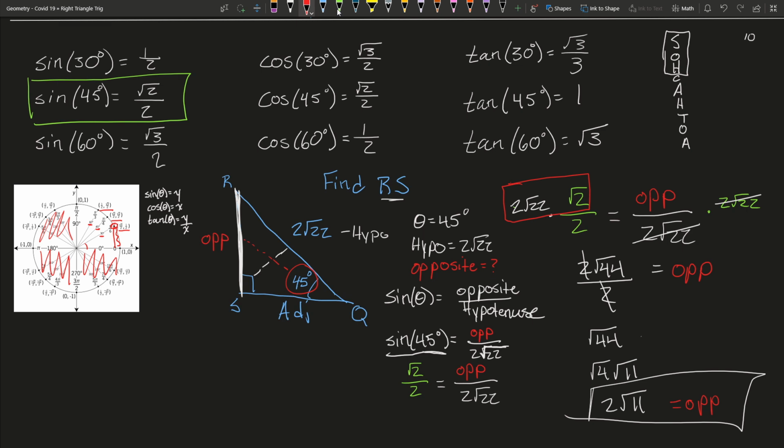And then 2 times that is just 2 rad 44. So you multiply everything underneath the square roots, and you leave everything else the same. So rad 22 times rad 2 is rad 44, and then 2 times that is 2 rad 44.